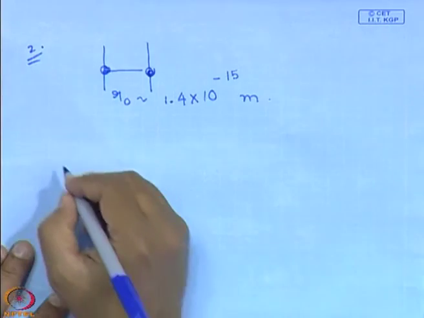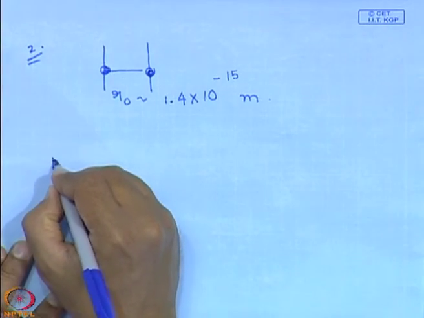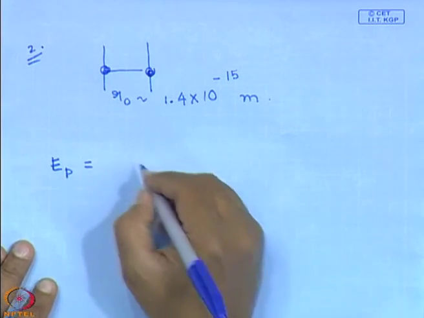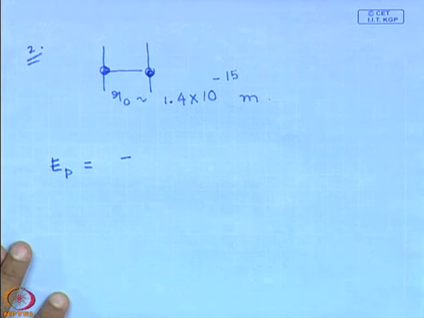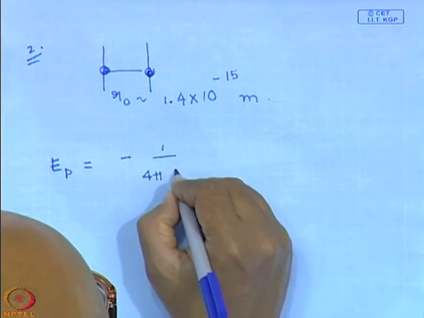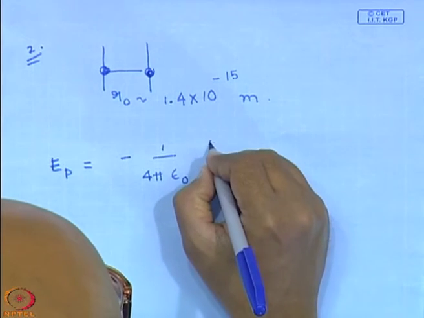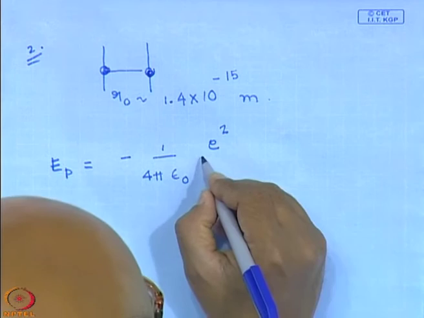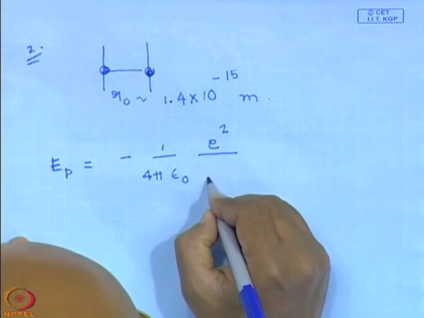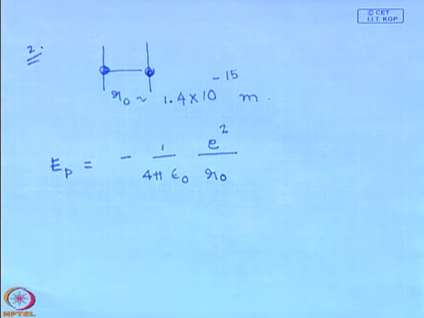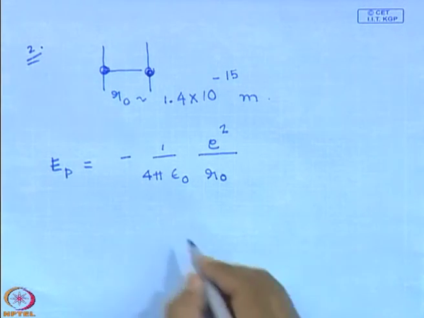So, let us estimate the potential energy of this. The potential energy of such a configuration is 1 by 4 pi epsilon naught into the charge of the proton, which is the same as the charge of the electron, squared, e square by r naught. Here again let us put in the values.